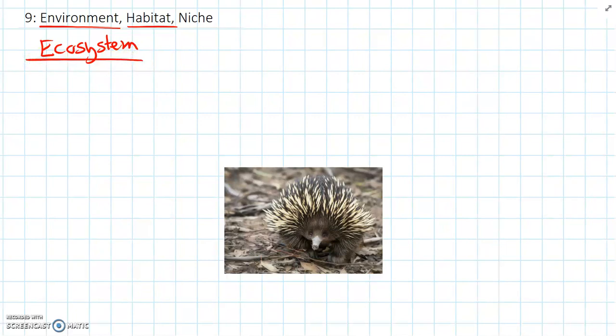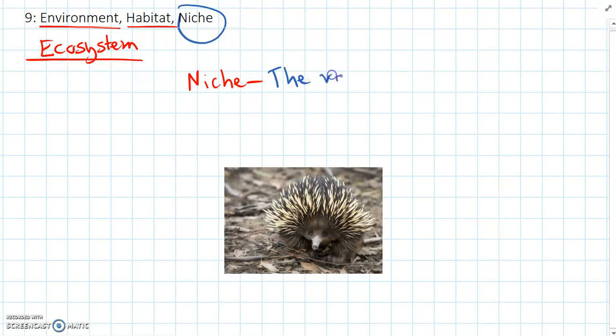But there's a new word as well, which is niche, and that's the first concept that we'll look at here. So the niche is the role that an organism plays in its ecosystem. The role an organism plays as it's living its life.